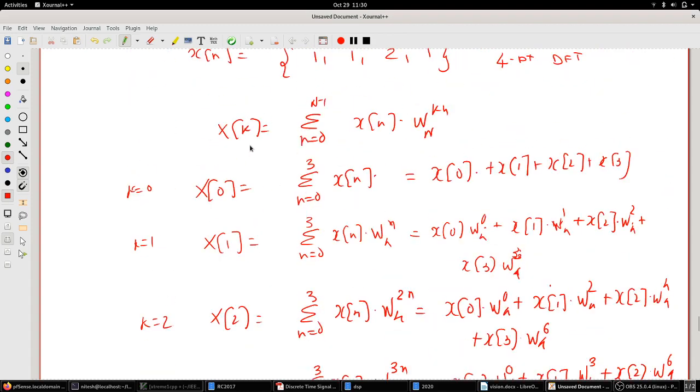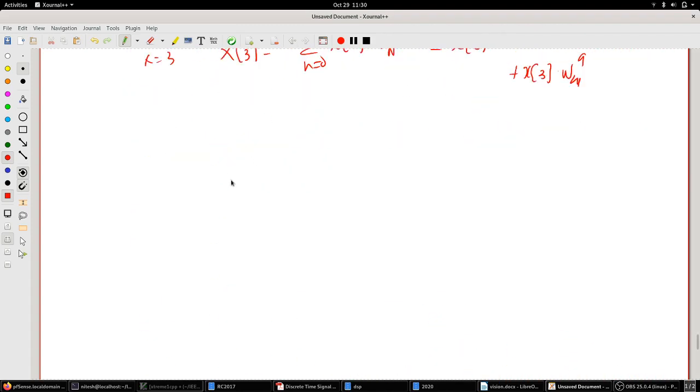The other way is, you know that any w1 of n is basically e raised to minus j 2 pi by n. So this is of the form e raised to minus j theta. Now e raised to minus j theta is actually equal to cos of theta minus j sine of theta, right?